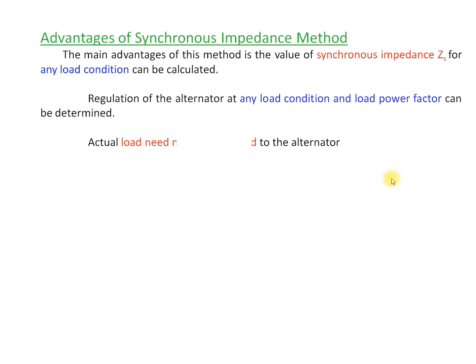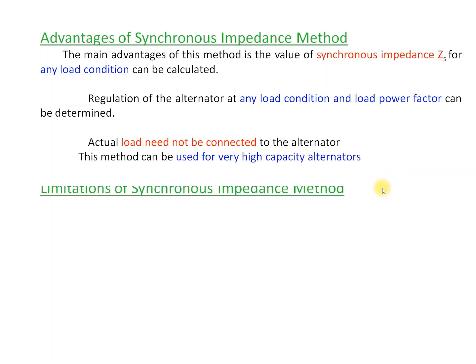So we can use this synchronous impedance method for all alternators. The advantage of this method is that it takes the whole synchronous impedance drop of the machine, so we get a higher value of the synchronous impedance.